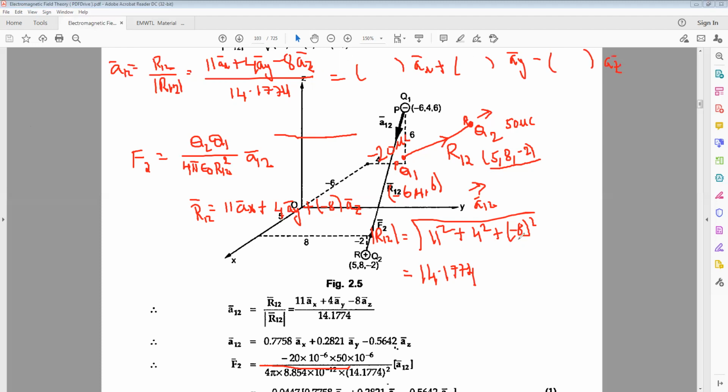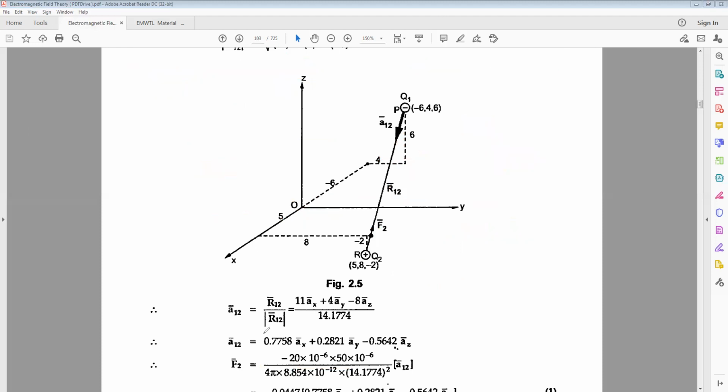Understood? Using this, substitute the values. A12 we got 0.77, 0.28 and minus 0.564. You divide 11 by this one, 4 by this one and 8 by this one. Then you'll get A12 bar.